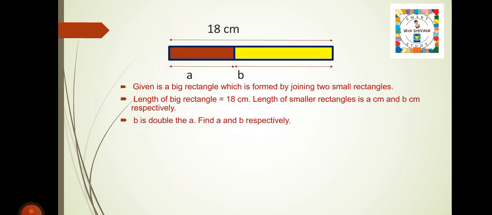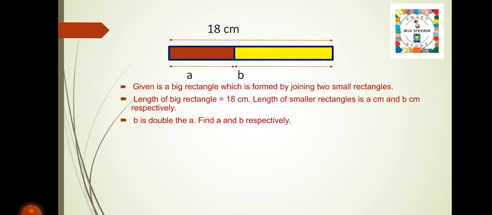One more word problem. Wow. So over here you can see that there are two rectangles. One is a brown rectangle and another is a yellow rectangle. Both rectangles are joined together and is forming a bigger rectangle. So joining means there is an addition. So given is a big rectangle which is formed by joining two more rectangles.